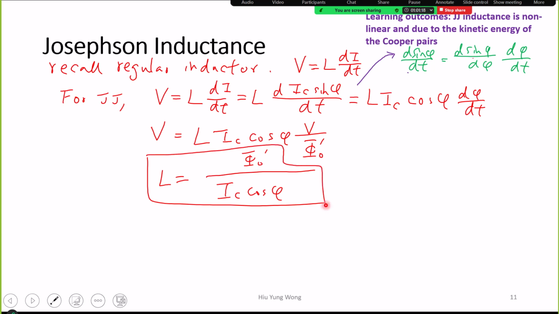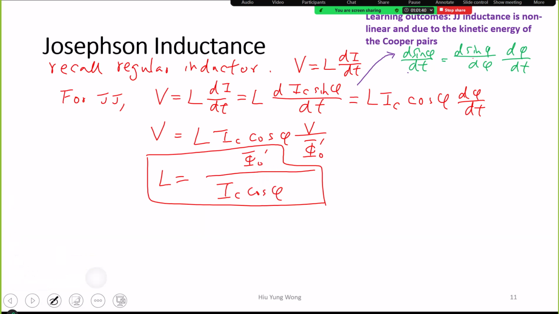So it means that the Josephson junction also has an effective inductance. We first assumed it has, and it turned out to work, right? Because any change of the current is going to induce a voltage, and the ratio is given by this.